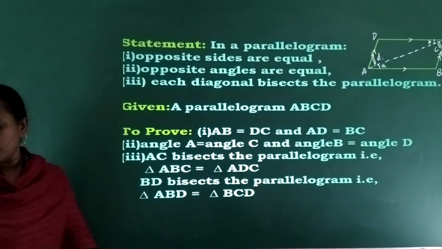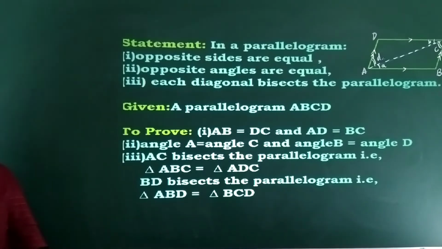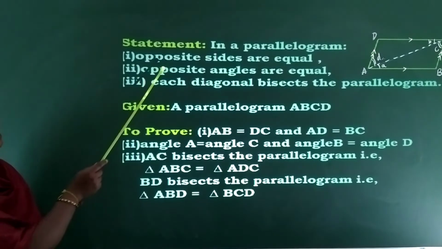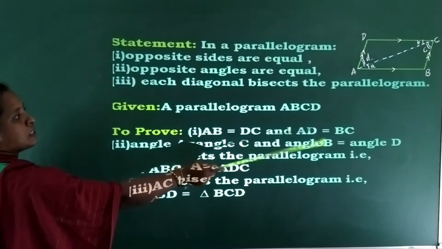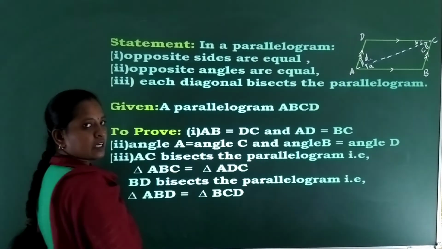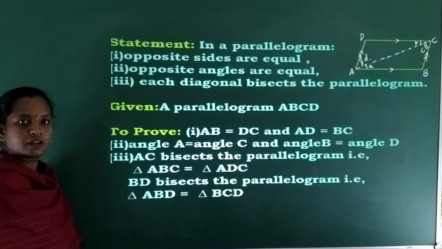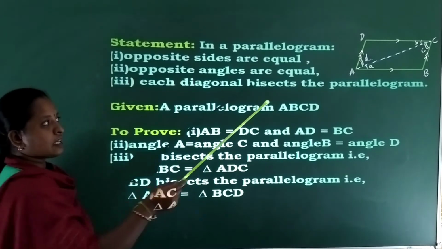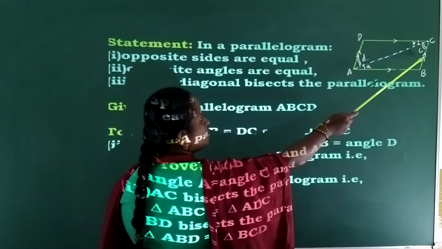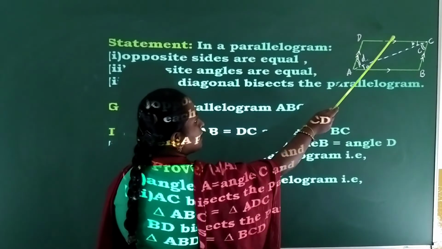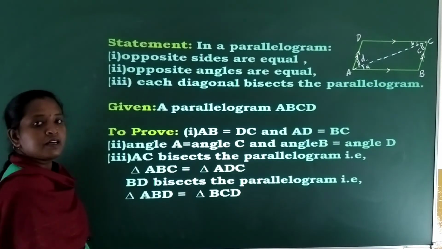Let us see, children, how we have to draw. So what statement have they given? The statement is: in a parallelogram. This is one of the parallelograms. The speciality of the parallelogram I already taught, that is, opposite sides. This one side and this one side are parallel and equal, and this side is parallel and equal.